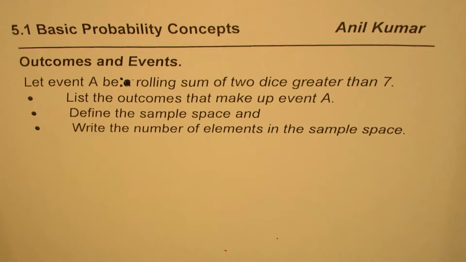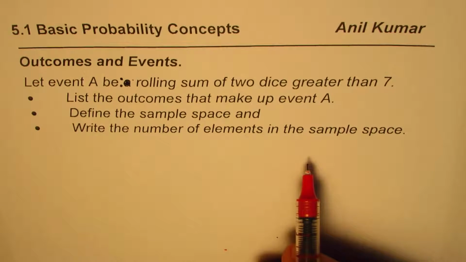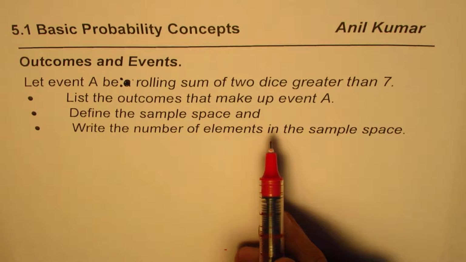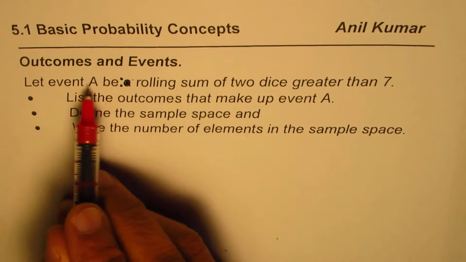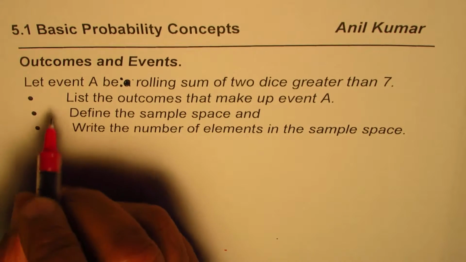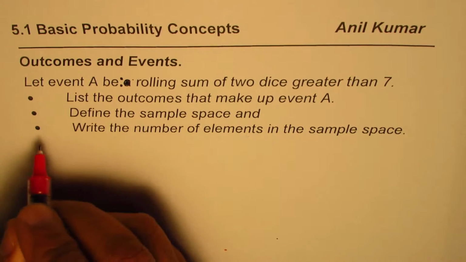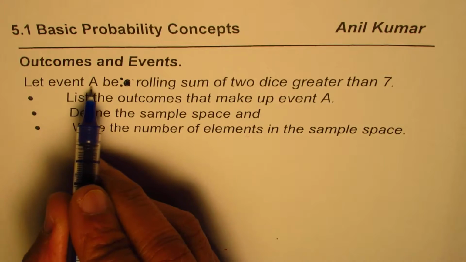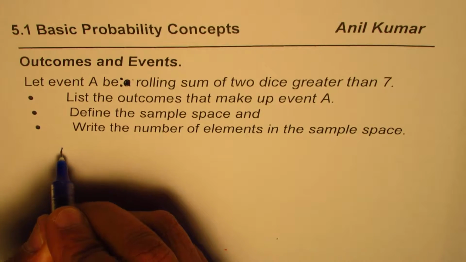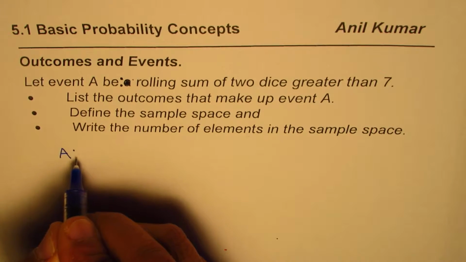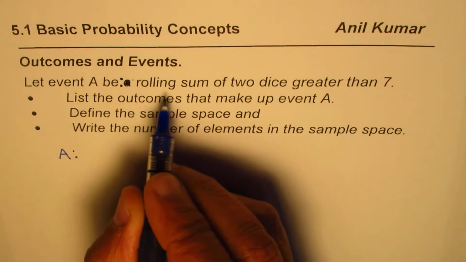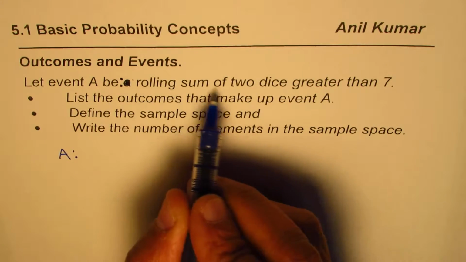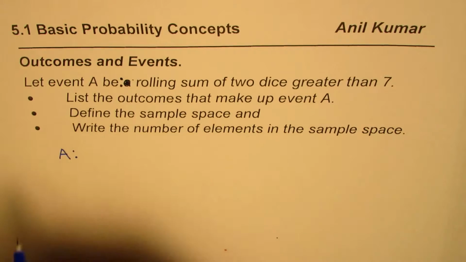sample space. So in this particular experiment, which we have designed to find probability, the event has been defined. We are writing the event with a capital letter A. Normally, all events are written with capital letters. In this case, event A has been defined as rolling a sum of two dice greater than 7.